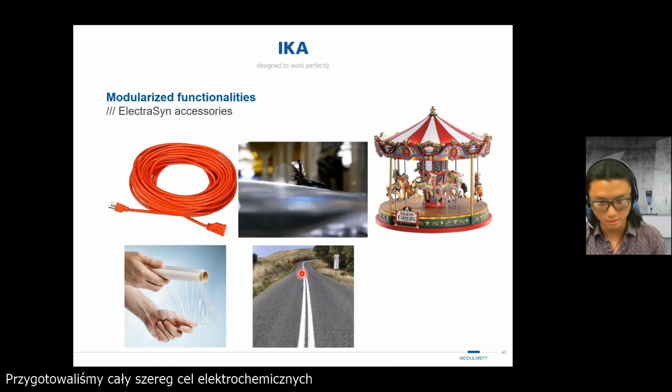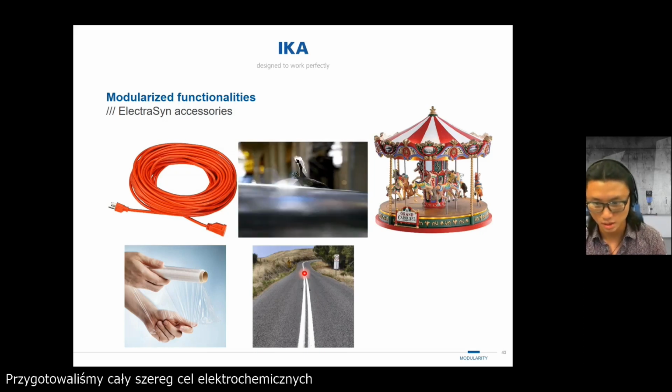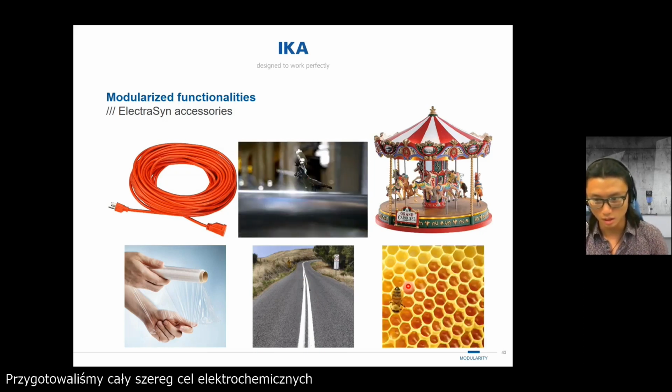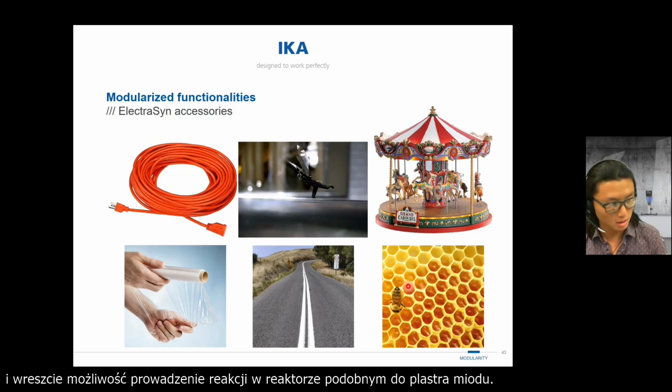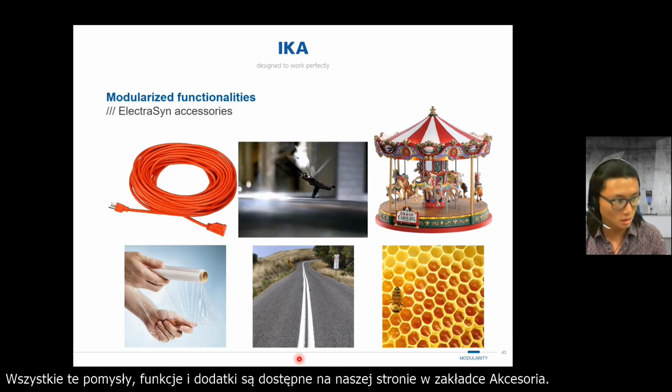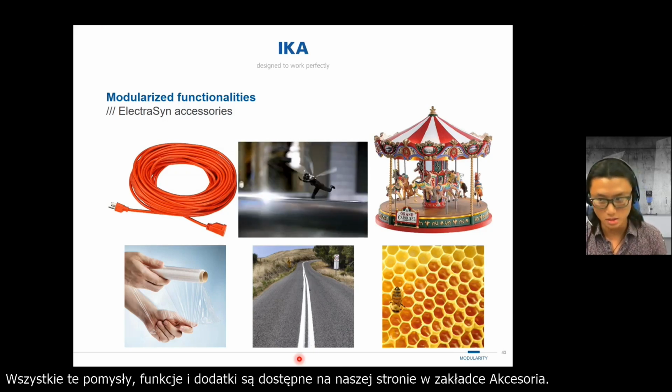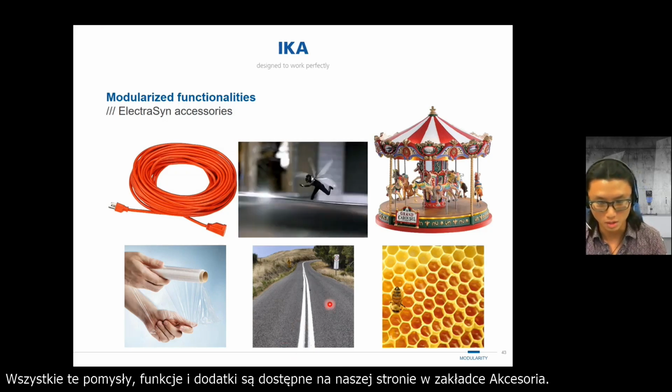We also create the division in the electrochemical cell. And finally, you can run high-throughput reactions in something similar to a honeycomb. All those concepts and functionalities are available on our accessory page.